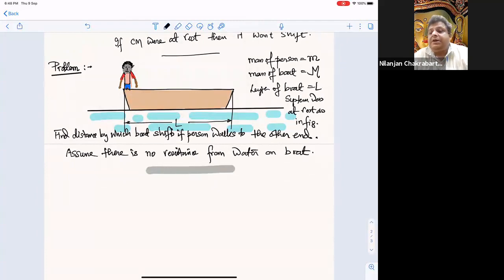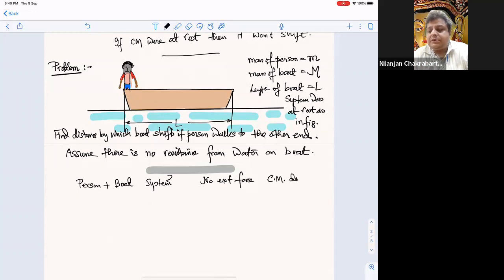The person pushes the boat towards the left, and the boat applies a force towards the right on the person. So the person can walk to the right end. But if you see the person plus boat system, then there is no external force. That means the center of mass doesn't move.